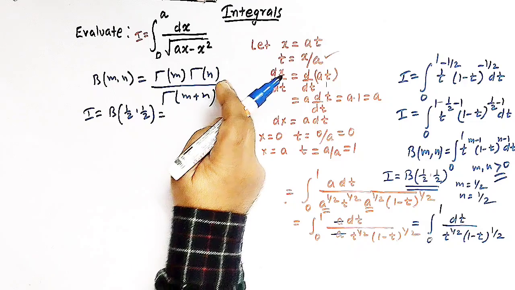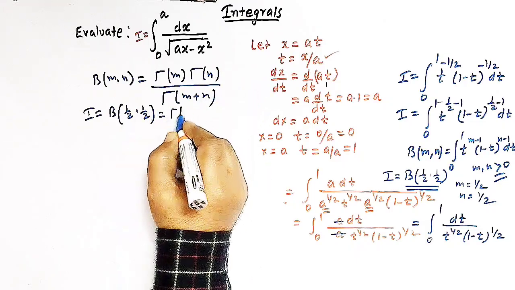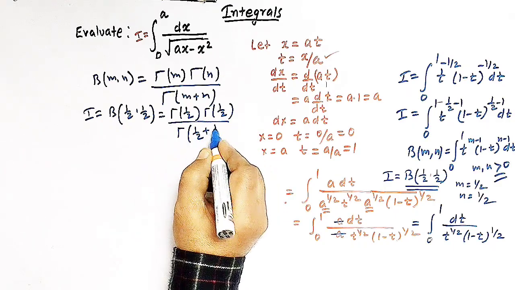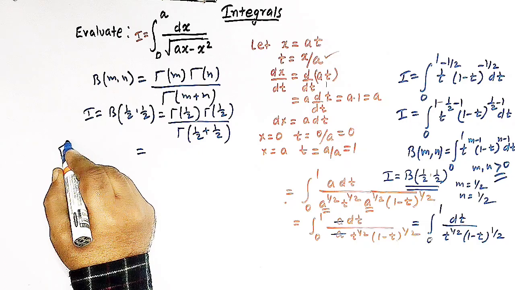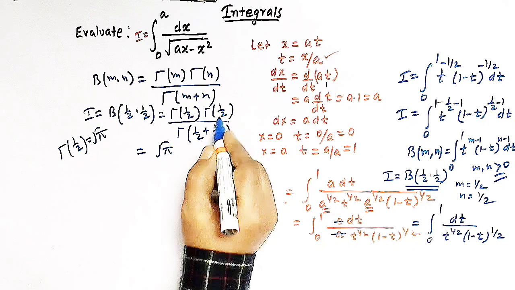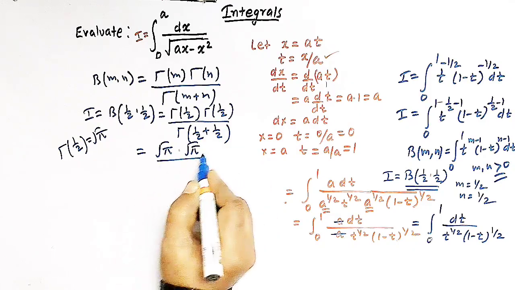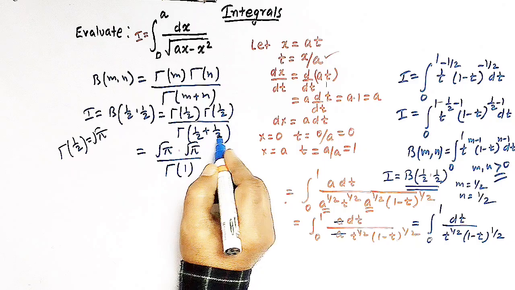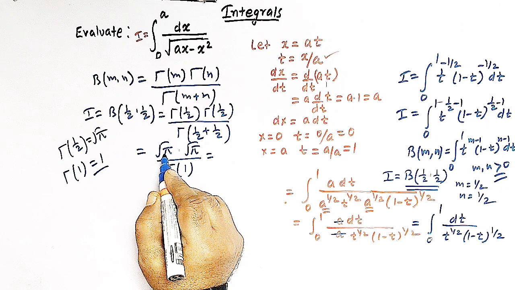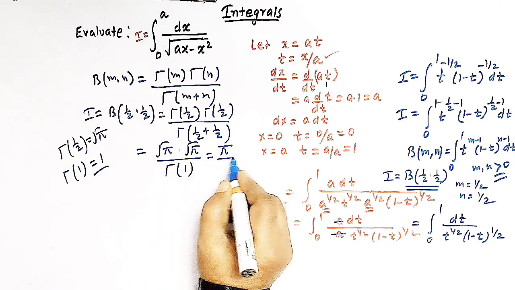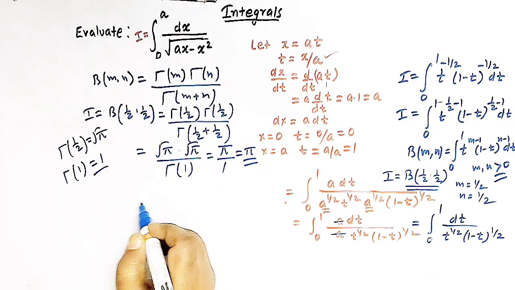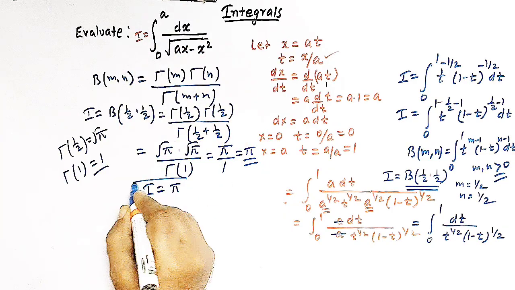So we have now from this relation gamma half, then we have gamma half, and then we have gamma (half plus half). So now the value of gamma half is square root of pi. So here we have square root of pi, here also we have square root of pi, and here we have gamma 1. Half plus half is 1, and the value of gamma 1 is equal to 1. So here root pi times root pi is pi, and gamma 1 is equal to 1, so this is equal to pi. So the value of this integral I is equal to pi.